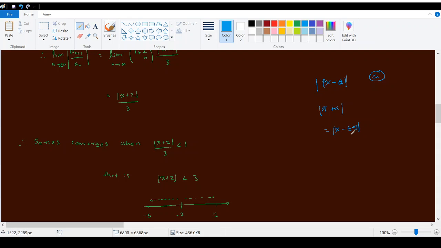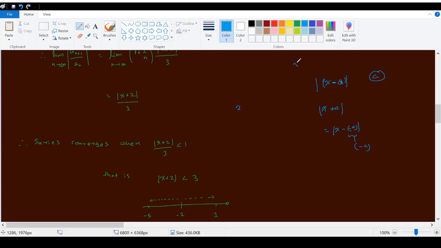Okay, so minus a will be our center, right? So now don't make that mistake. If you just consider 2 as the center of this equation, then that is wrong. Okay, so please keep that in mind.